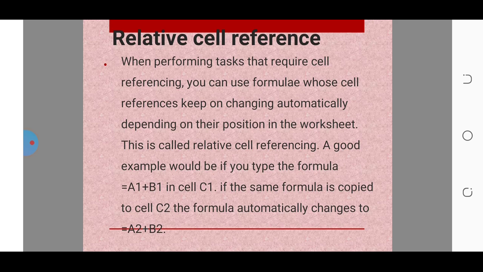The cell references keep on changing automatically depending on their position. If you go to C3, the formula will also change from A2 plus B2 to A3 plus B3. If you go to C10, it will be A10 plus B10.